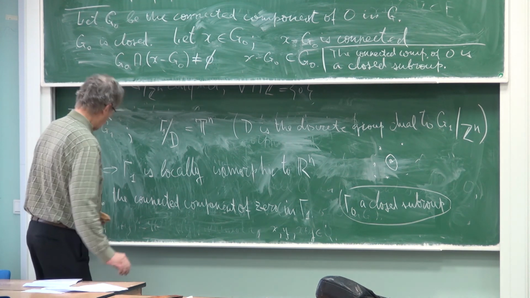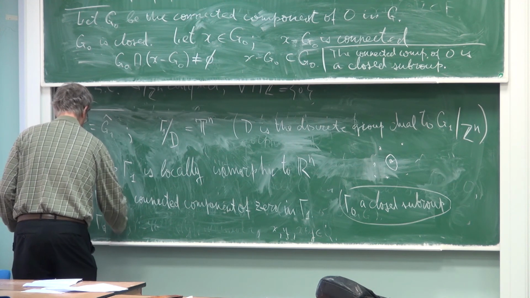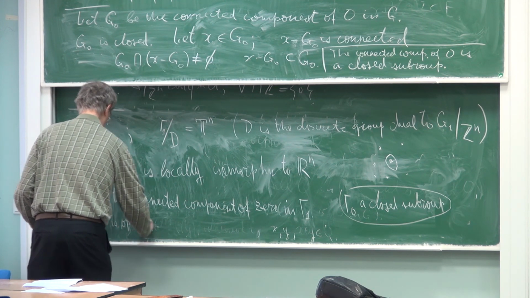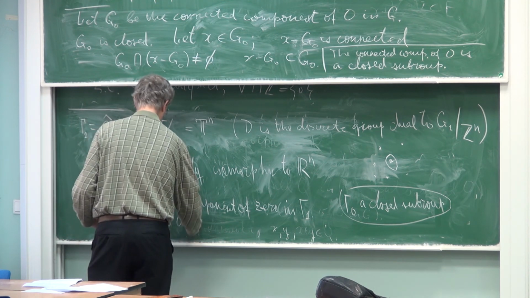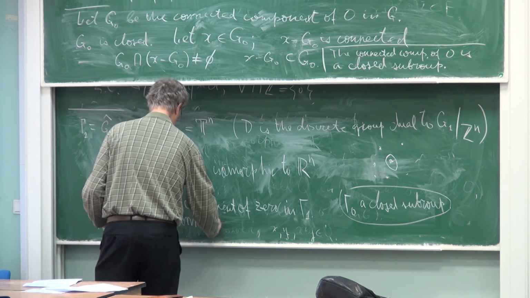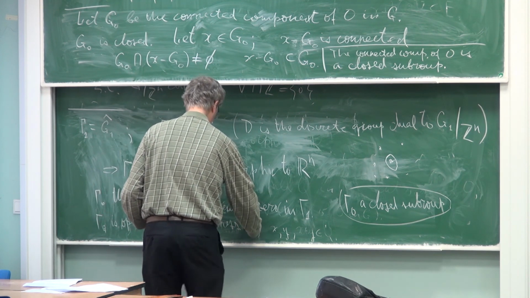So again, gamma 0 is open by a connectedness argument.